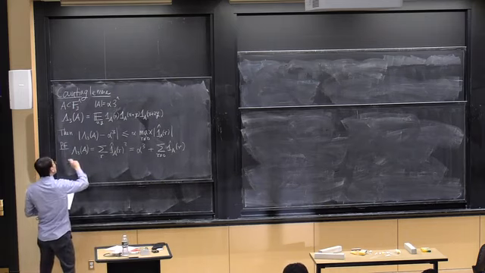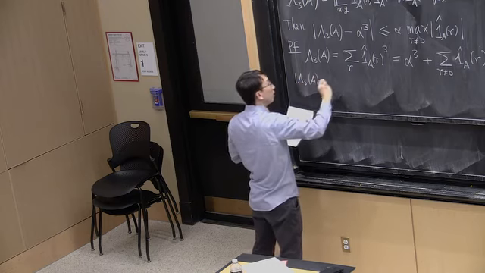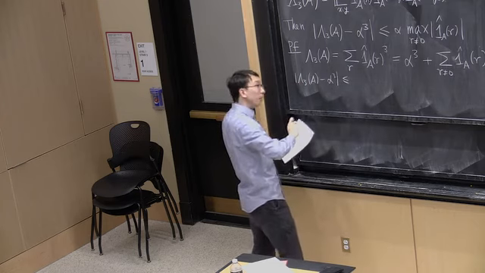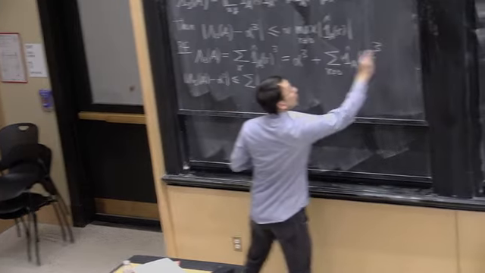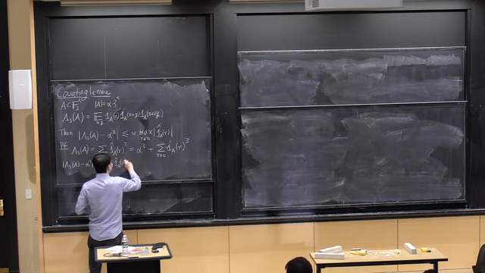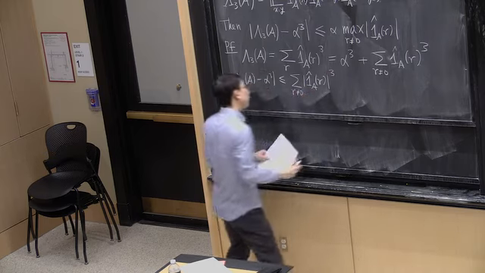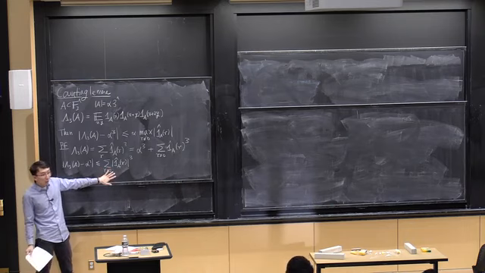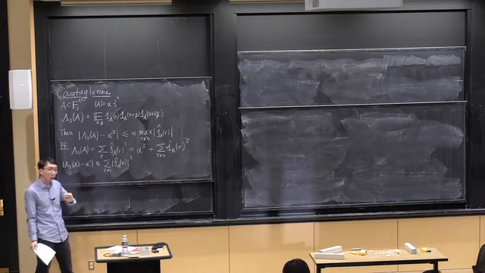So we now know that the difference we're trying to bound is upper bounded by the third moment of the absolute values of the Fourier transform. And I want to upper bound this quantity here, assuming that all of these Fourier coefficients are small.